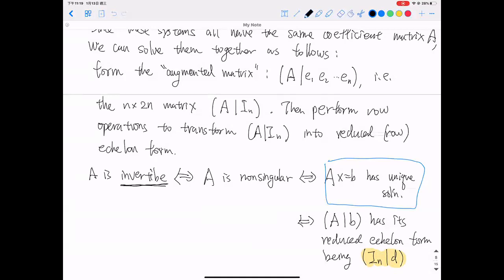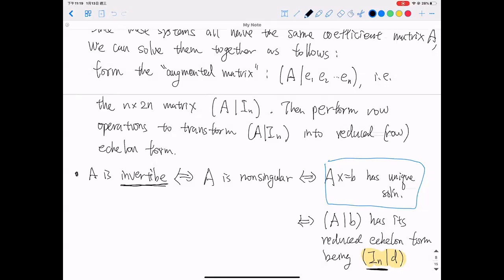It means you can specify values x1 equals something, x2 equals something, and so on. That just forces the left side of the reduced echelon form to have each leading one sit in one column after the next, making the left-hand side I.